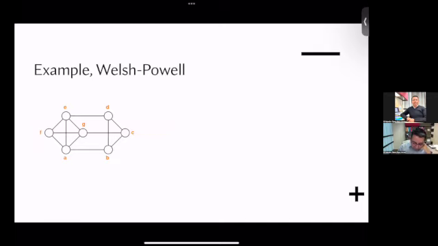So we can compute the values. So A has 1, 2, 3, 4. B has 3. C has 3, its degree. D has 3. E has 4. Then F has 3. Then G has 4.